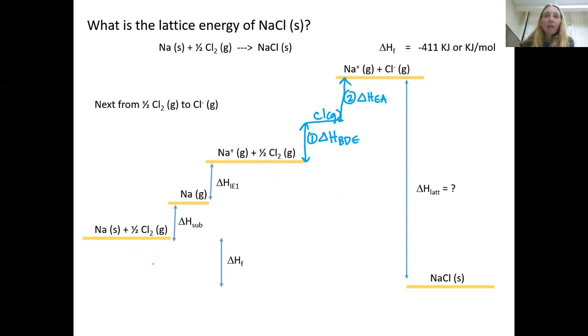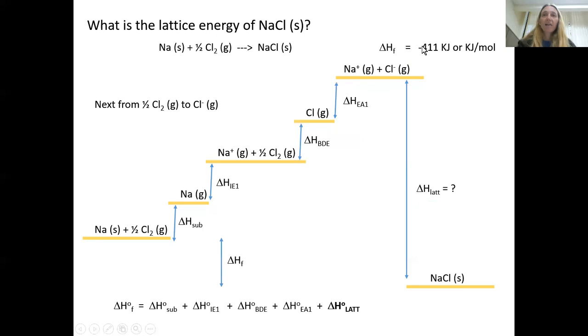So I started with wanting to know the lattice energy. I started with physical objects I could take, with that delta H of formation, and I built a path to hypothetically think through all the different arrangements to get up to the definition of lattice energy.